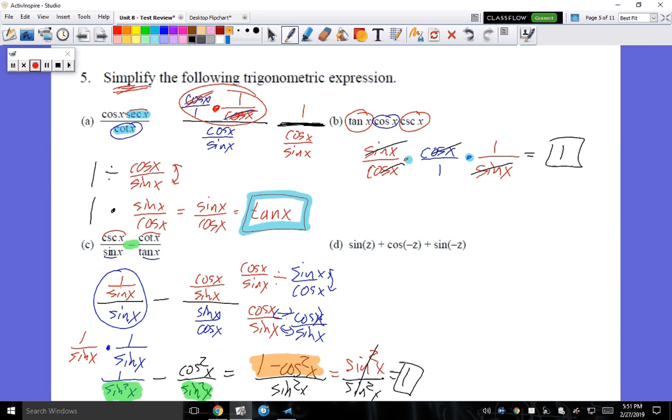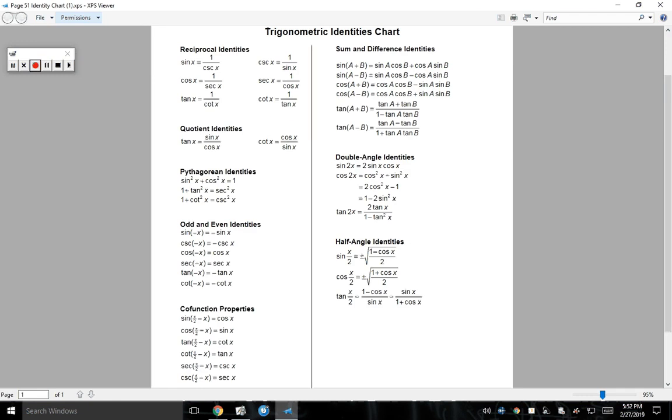Okay? So we know that cosine is an even function, and we know that sine is an odd function. Cosine being even means opposite inputs yield the same output. So that means this could also be written as cosine of z. Okay? So these are the odd and even identities on your identities formula chart.